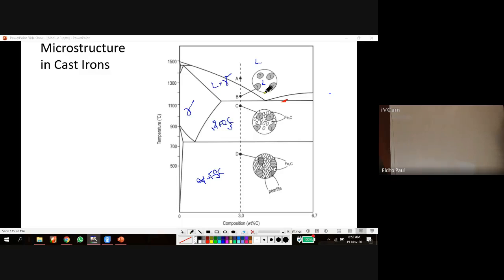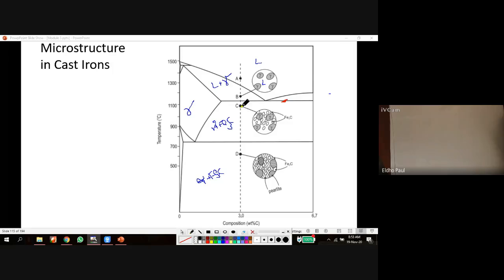So this gamma, already formed at point B, will not transform into another component from B to C, but the liquid converts into gamma plus Fe3C. That is the microstructure at point C.